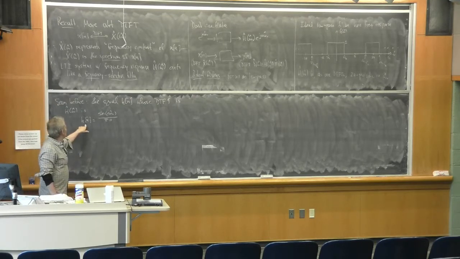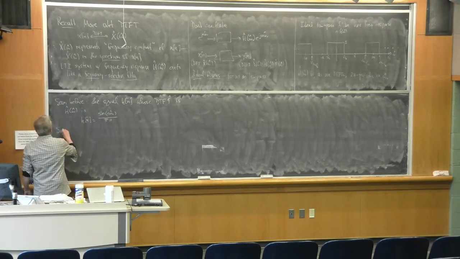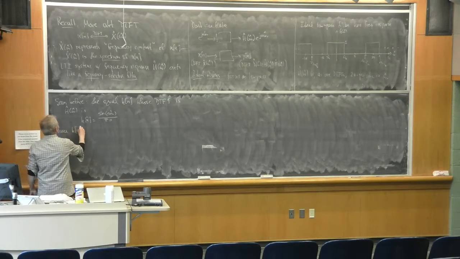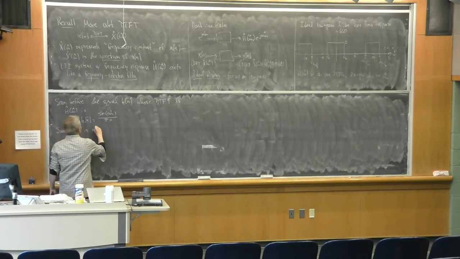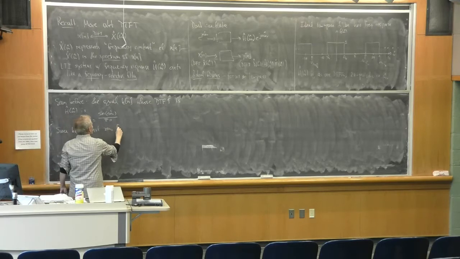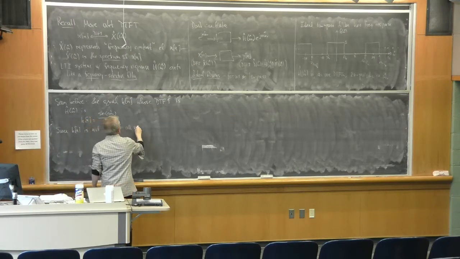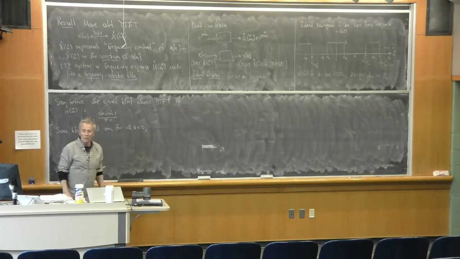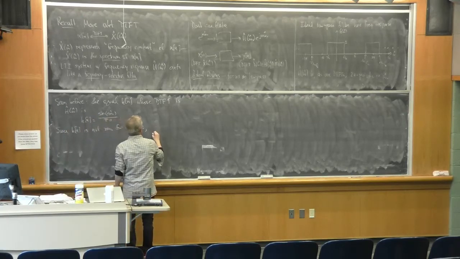This h of n, since h of n is not 0 for all n less than 0, it is not the impulse response for a causal system. Another way of saying that is the following.